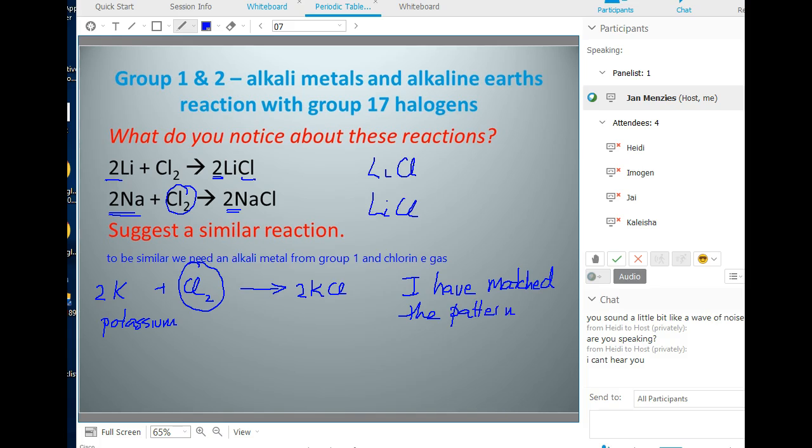And I'm not getting ticks or crosses. I've matched the pattern because they're in the same group. Because lithium, sodium, and potassium are in the same group.